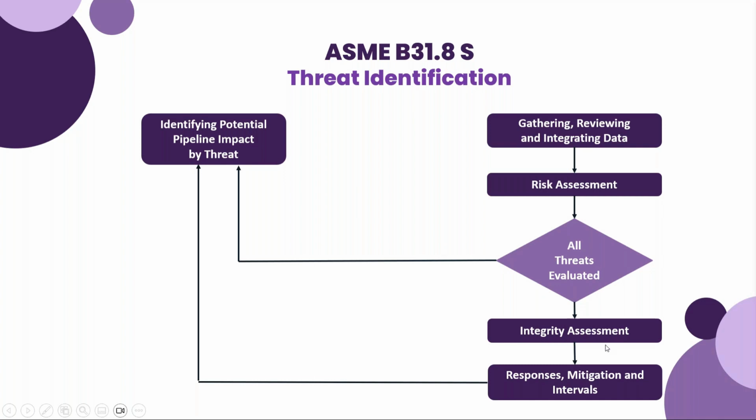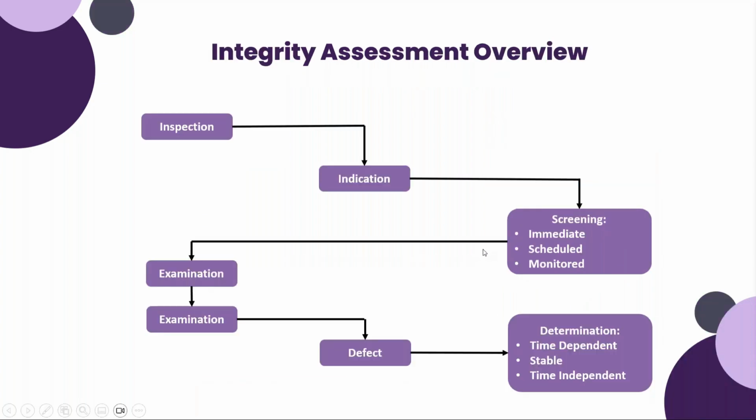Then we can do our integrity assessment, and then we need to be looking at responses, mitigation. It needs to be a fully integrated process with all the wheels turning, with this threat identification. Do we really understand the threat or threats? We get these unanticipated events that occur, and this becomes a problem. I've got to watch my time.